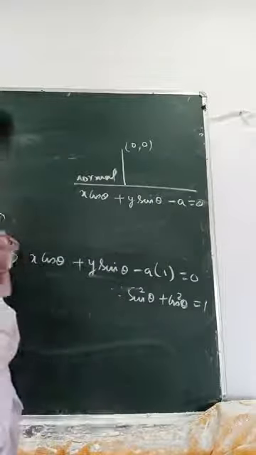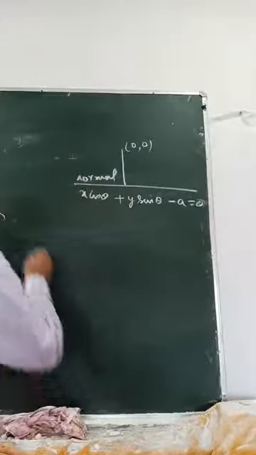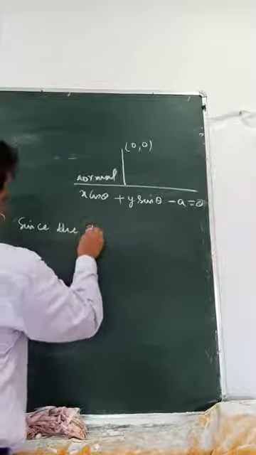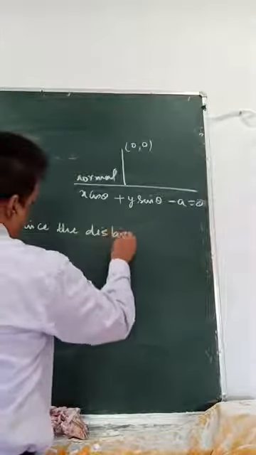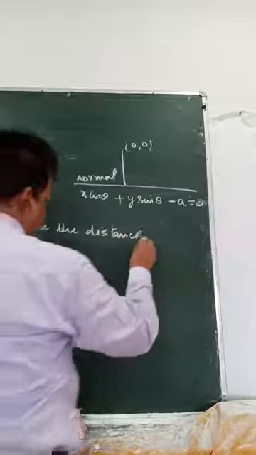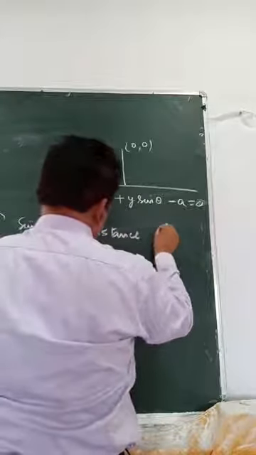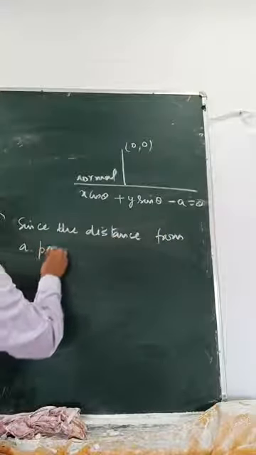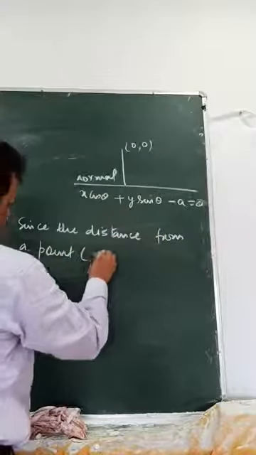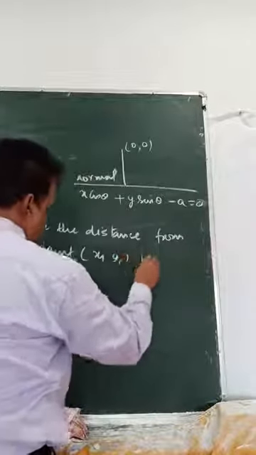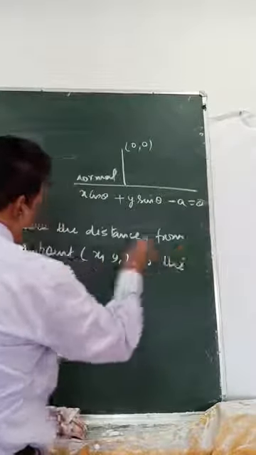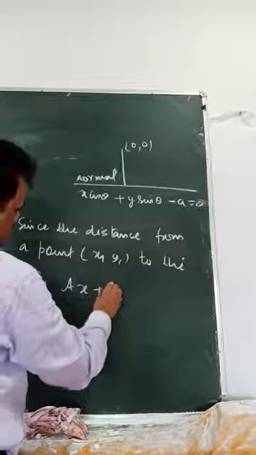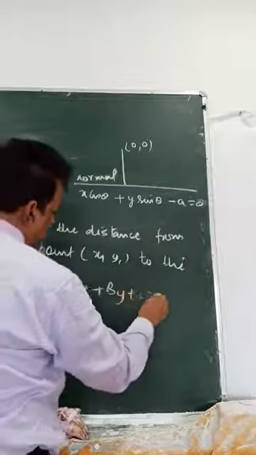The distance from a point x1 y1 to the line ax plus by plus c equals to 0.